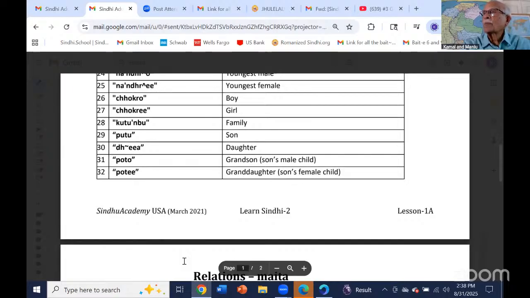So we should take pride in saying that we are Sindhis, and our language, Sindhi, is a very rich language. Arabic has 52 alphabets; in the Romanized Sindhi that we learned, there are 47 alphabets plus 5 vowels that you learned. So how rich is that Sindhi language?